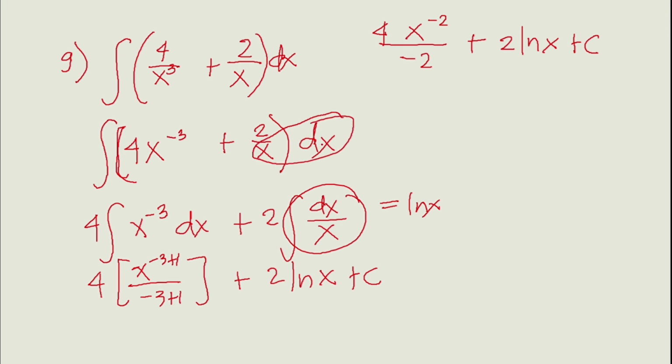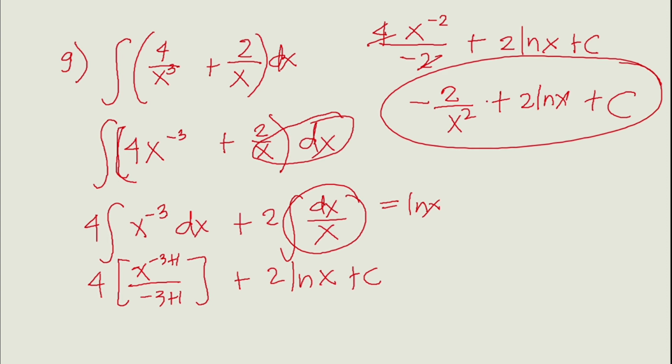The same goes here: we could not raise it, because n is not equal to negative 1 based on the basic formulas. So this is negative 2 over x squared plus 2 ln x plus c. That's number 9.